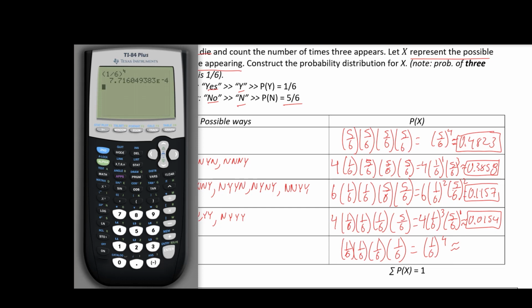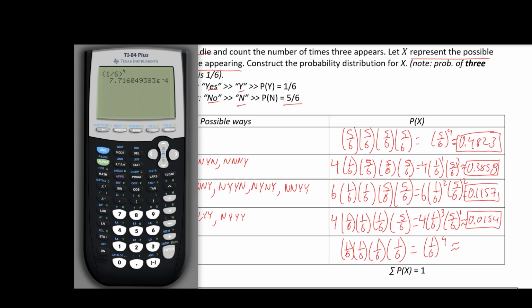Again, we're talking about probabilities here, right? Can a probability be anything outside of the range of 0 through 1? No. So why do we have a whole number here? Well, this is actually written in scientific notation, right? It's 7.716 and so forth. This little e just means times 10, and this -4 means to that power.